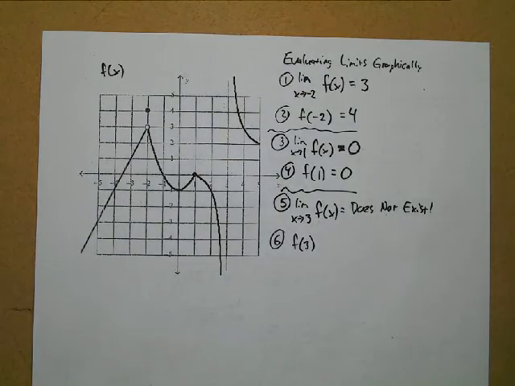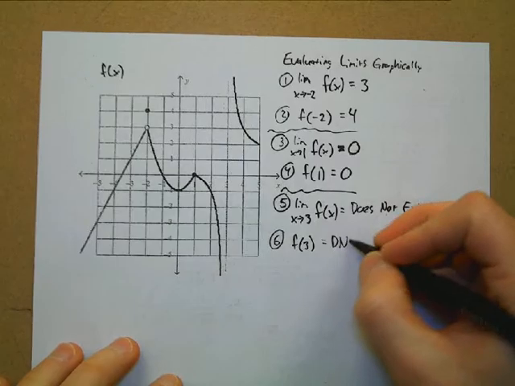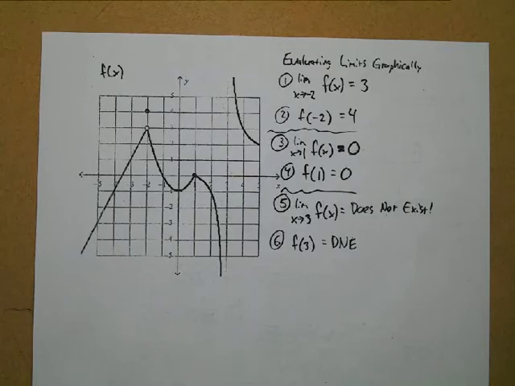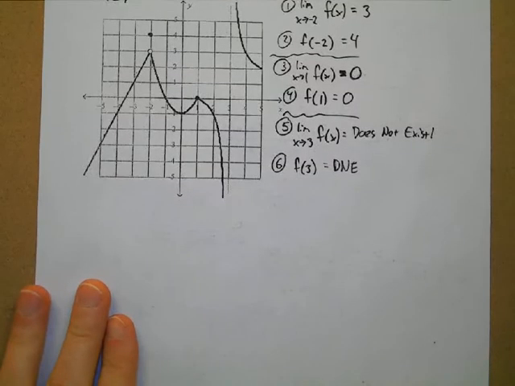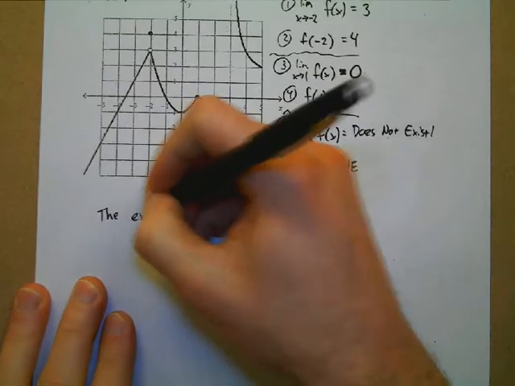key summary here: the existence or non-existence of f of x at x equals c.